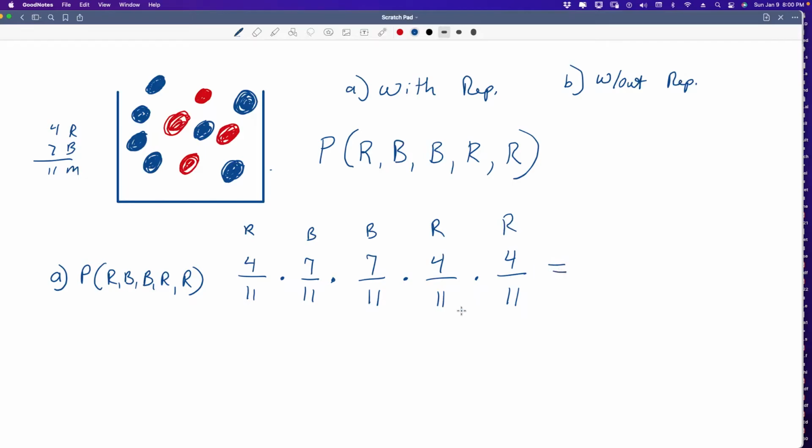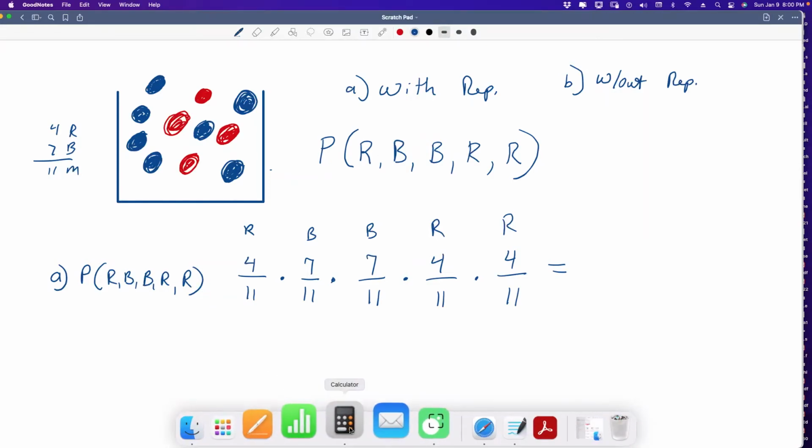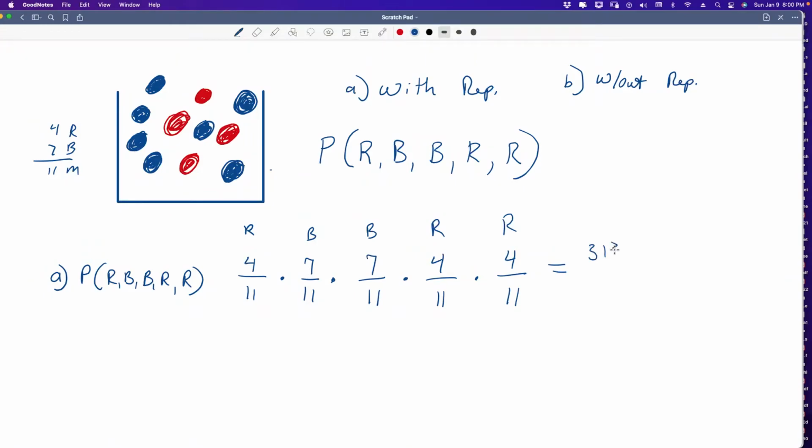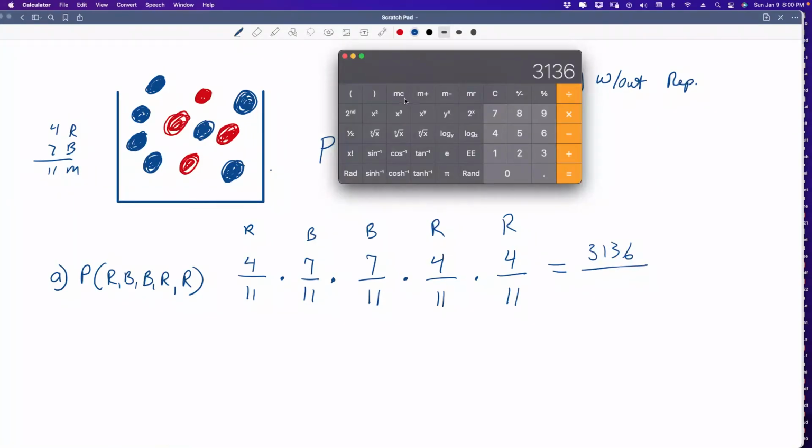So the probability that I would draw the marbles in 5 draws in this order is going to be, let me do the math here. We have 4 times 7 times 7 times 4 times 4. So 3136 over, I have 11 to the 5th.